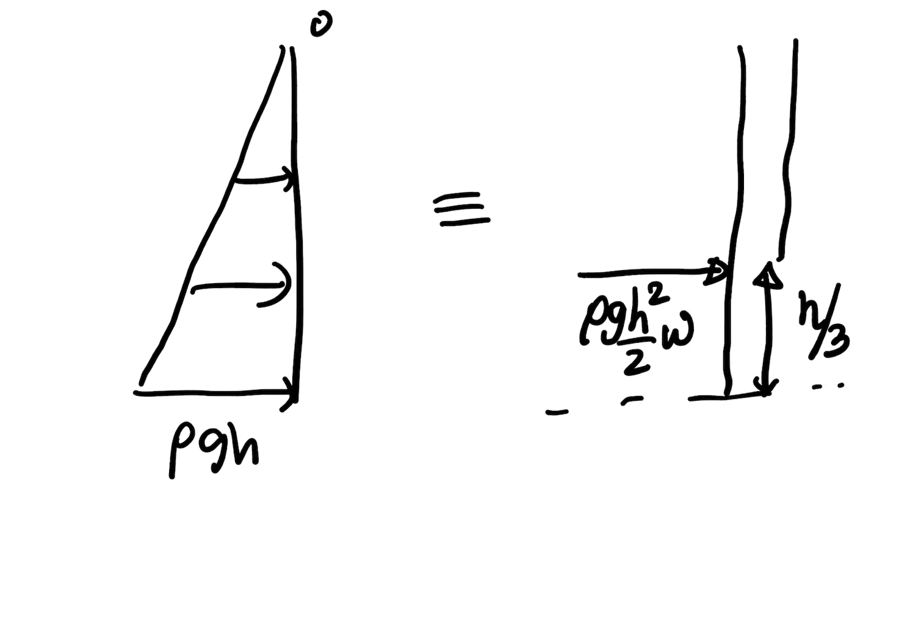You can also say this is 2/3 of H from the top. You can do the same calculation by considering the moment about the top point, and you will arrive at the exact same result.